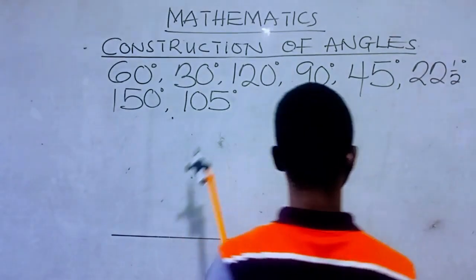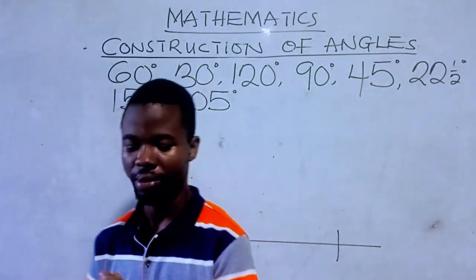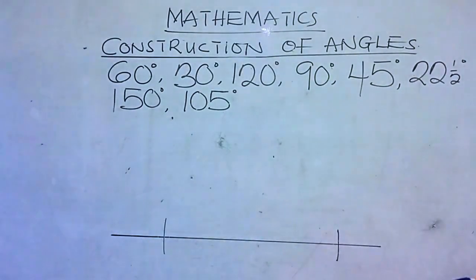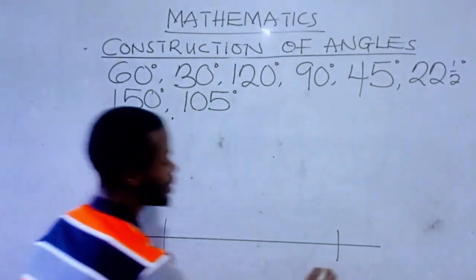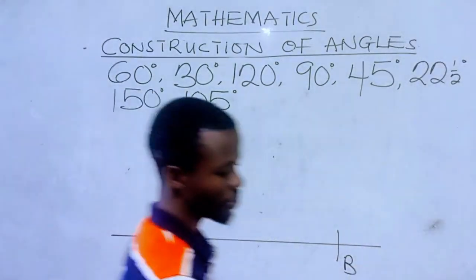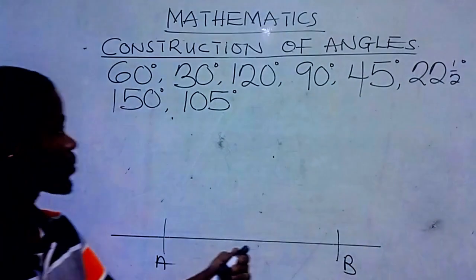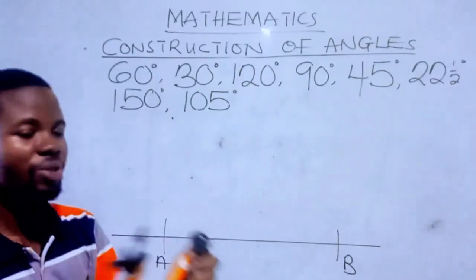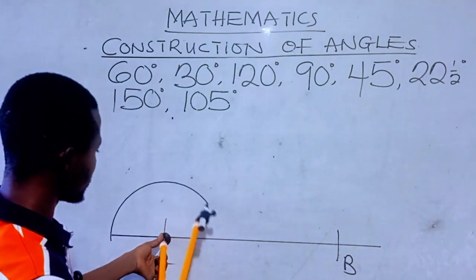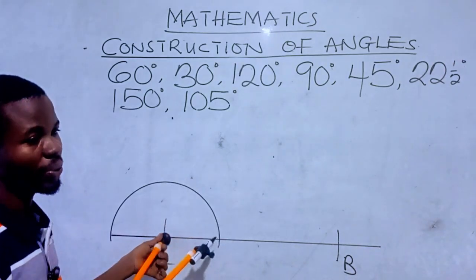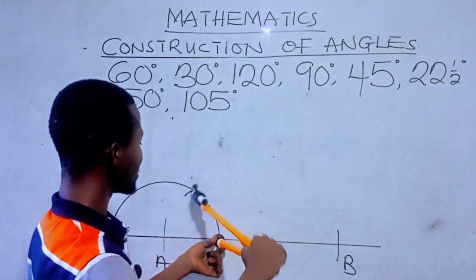You stand on that arc and you make another arc. Now let's say this is A and this is B. We want to construct 30 degrees. So you open to a reasonable radius, then you make a semicircle to touch the line AB. With the same radius, you stand here and then you make the arc.